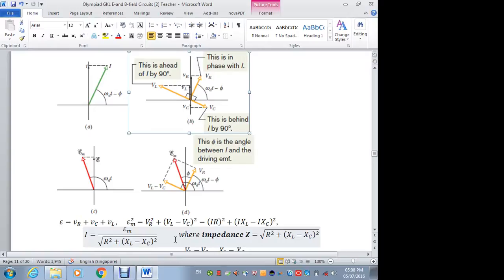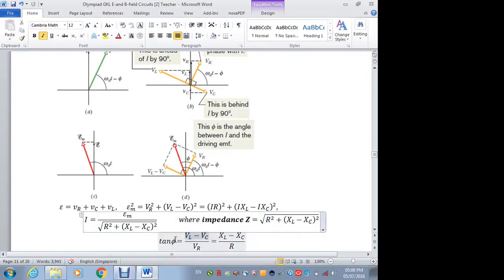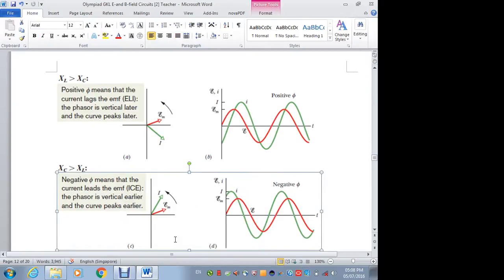If you draw EM, then it is like that: I, EM, XC.